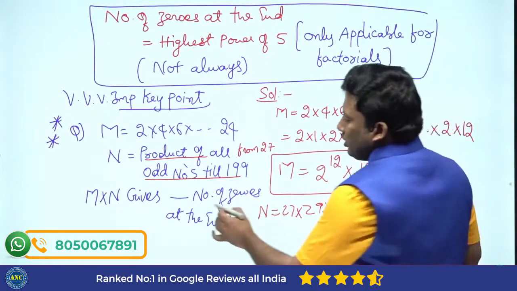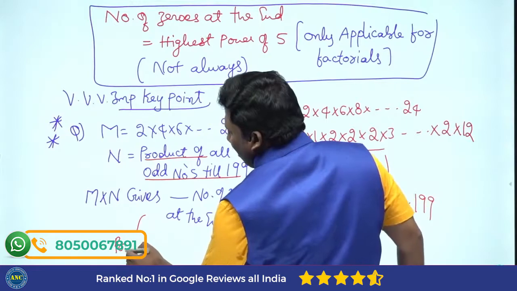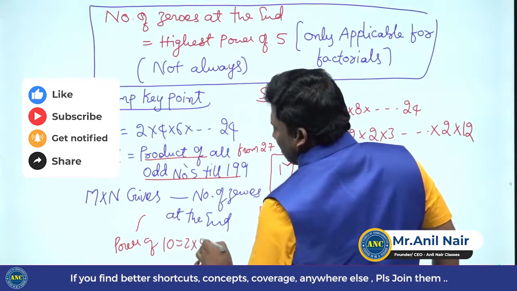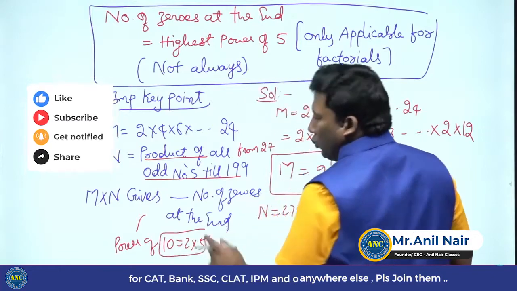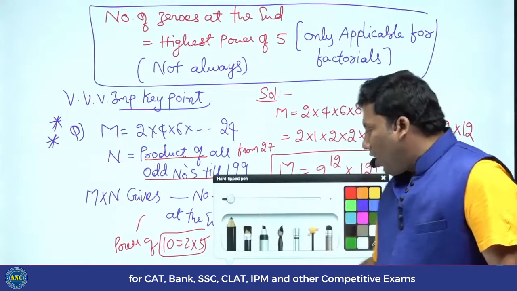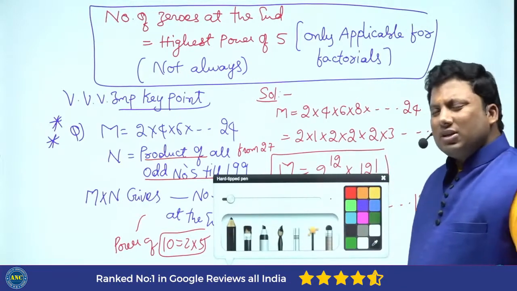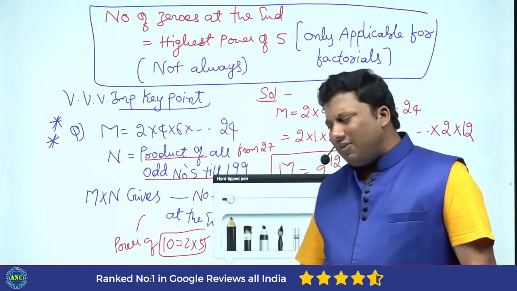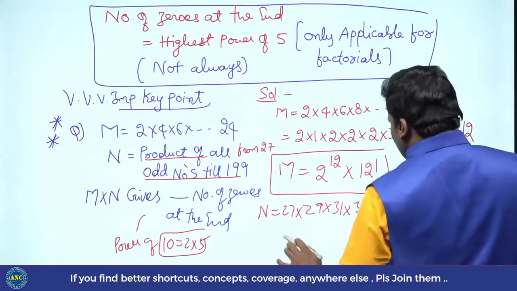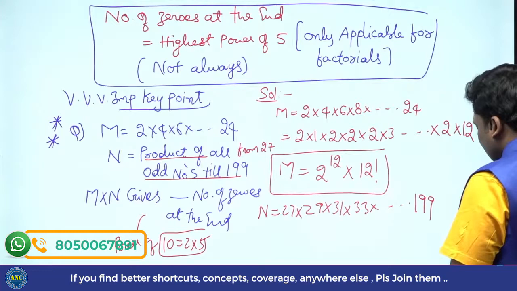Number of zeros at the end is the power of 10. 10 is a composite number, it is 2 into 5. So I need the multiples of 2 and 5. An odd number is a number which is never divisible by 2, so 2 will not come.